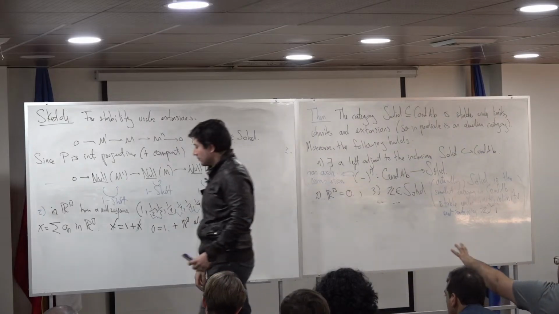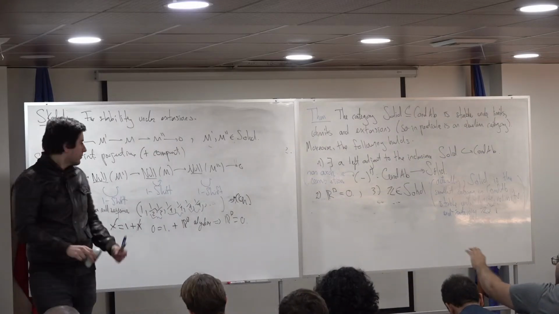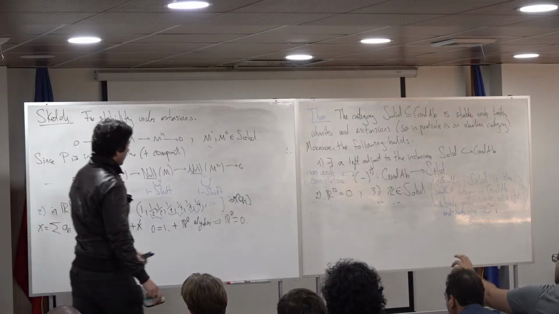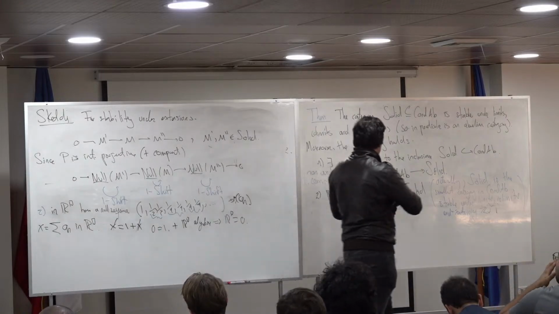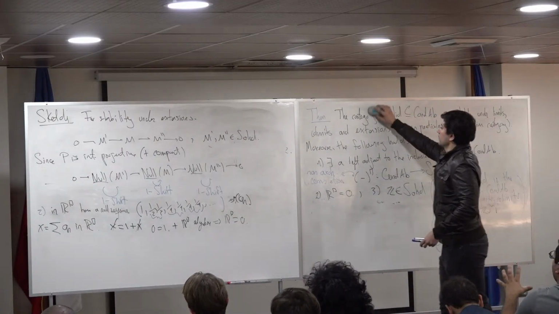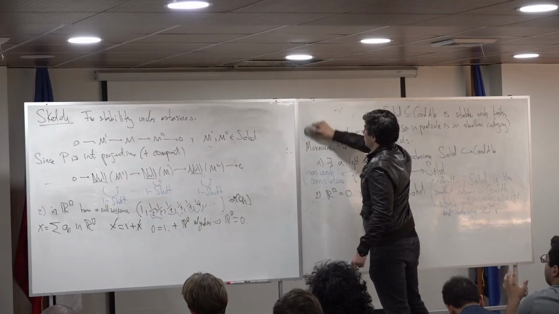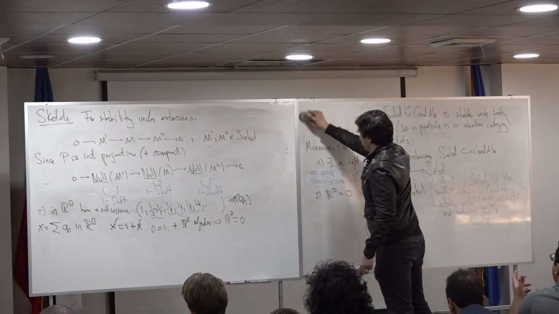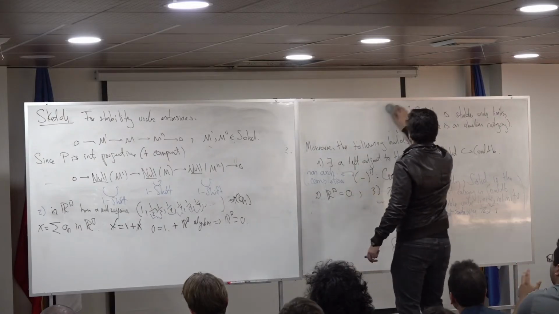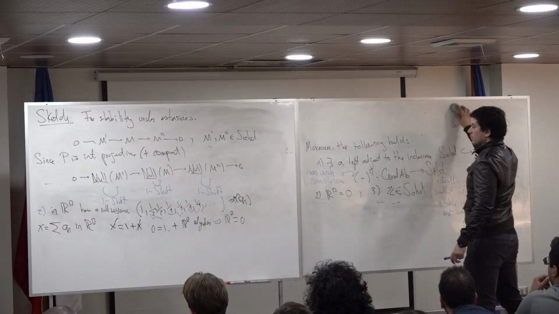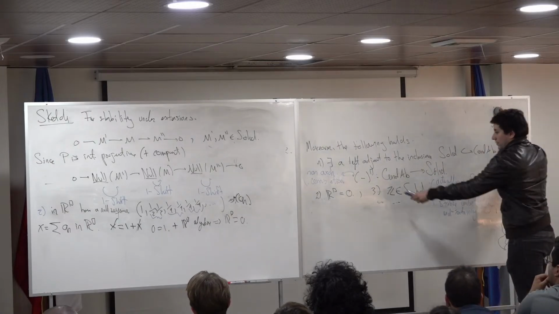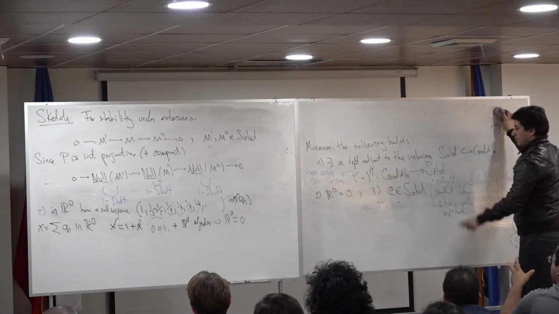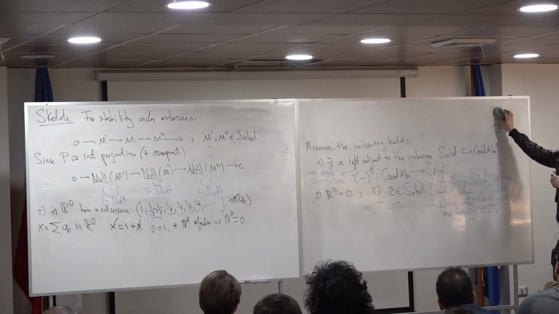I'm sorry, you write an exact sequence for null sequences, but I can't see clearly what is the left adjoint in this case, because you are supposed to start with a condensed abelian set. You mean this functor? Yes. Yeah, this one I haven't yet discussed how it looks.